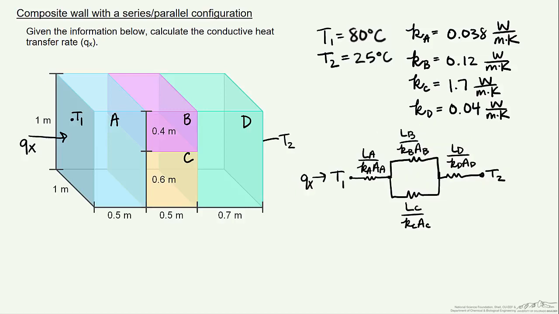Our thermal resistances are therefore going to be written such that our first one is LA divided by the thermal conductivity and its area. Then we'll look at the last one, LD, divided by its thermal conductivity and area. However, because the wall splits, we can't write our resistances in the same fashion.